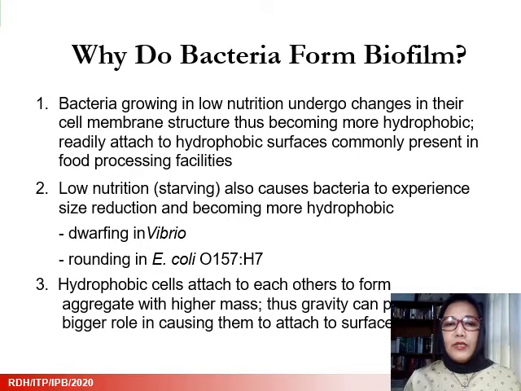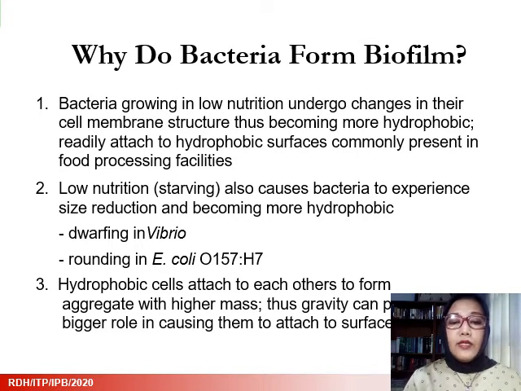So the question is, why do bacteria form biofilm? There are several theories. One, bacteria growing in low nutrition undergo changes in their cell membrane structure, thus becoming more hydrophobic. When these hydrophobic cells stay in close proximity to hydrophobic surfaces, they may interact and attach.